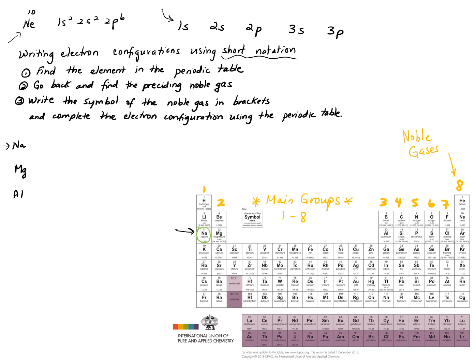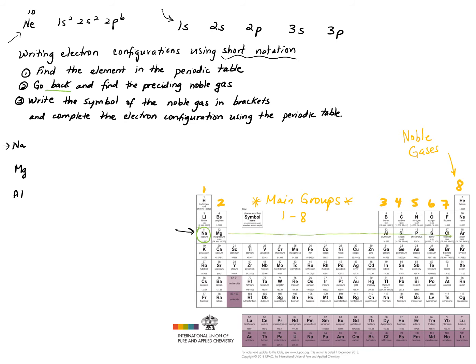Second step, go back and find the preceding noble gas, the noble gas with a lower number of electrons, right before the element that you're trying to get the electron configuration for, and you will see why.